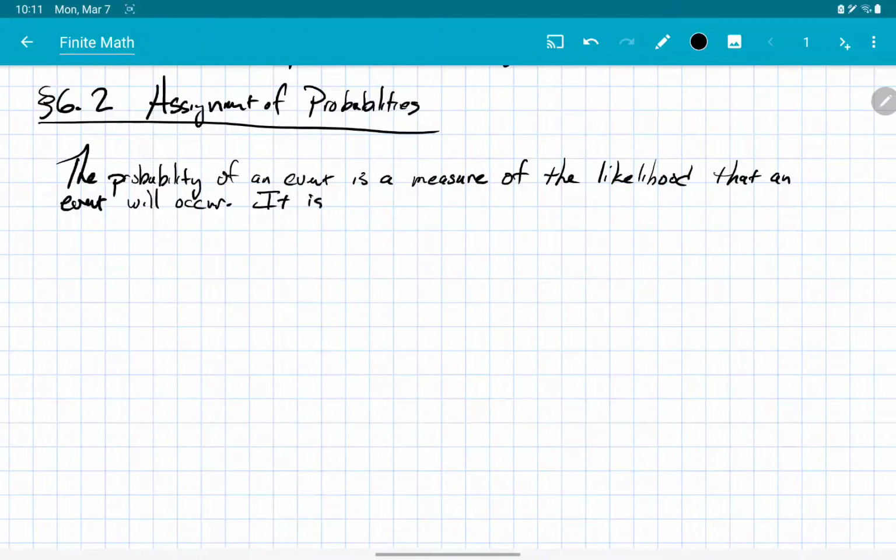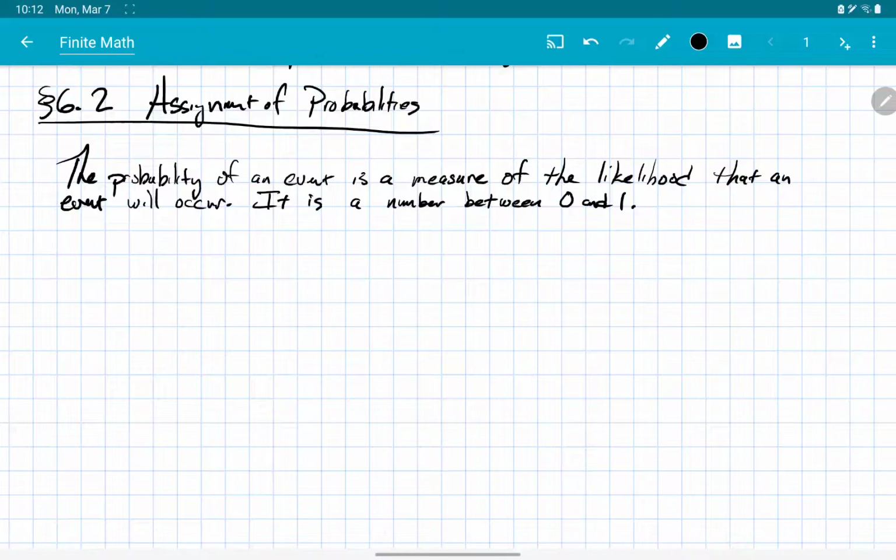It is a number between 0 and 1. Probability is measured not in terms of percentages, although it's easy to convert a probability to a percent, but as a number between 0 and 1.